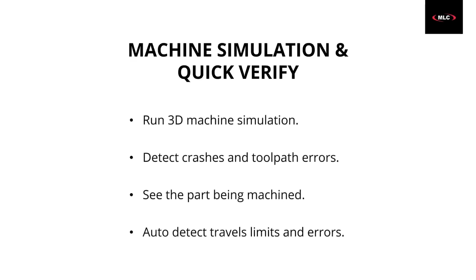All right, so now we did see the quick verify, but why machine simulation? Why is that different? We did see the machine, we saw the simulation. Well, here's the thing. I want to be able to verify the G code, right? And Simco does G code simulation.